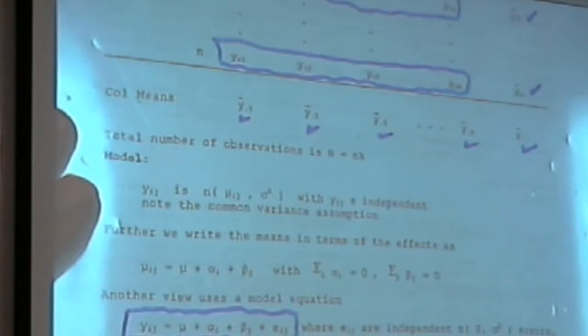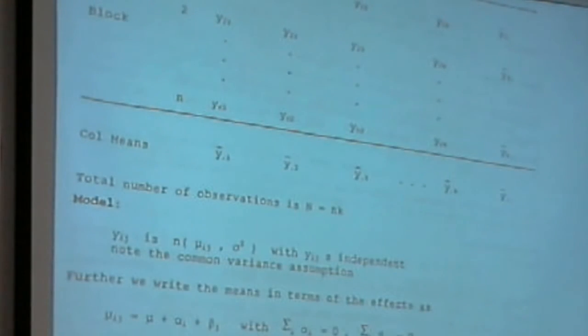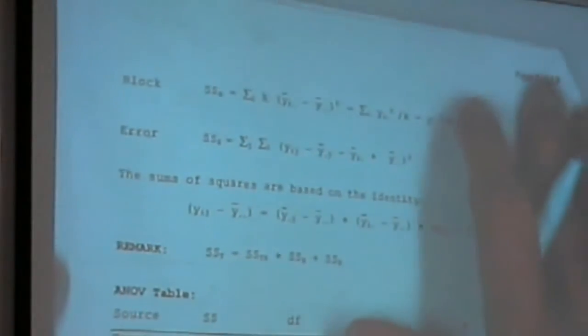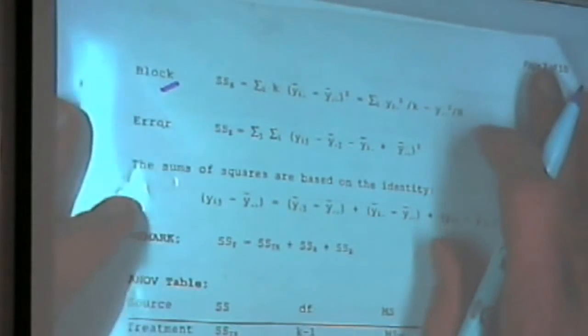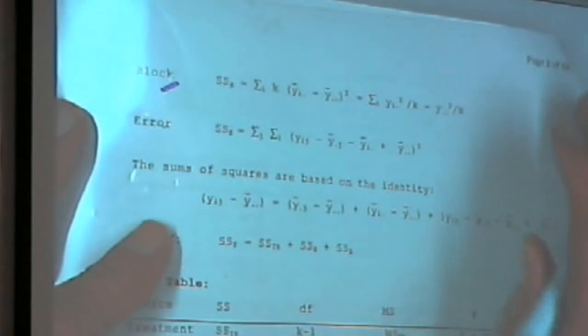So we define some sums of squares. Total and treatment are the same formulas that we ran into before. Block, same formula that we had before for sum of squares block, and then sum of squares error is just whatever is left over.